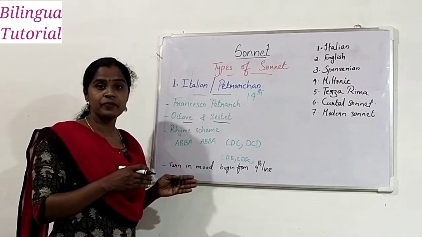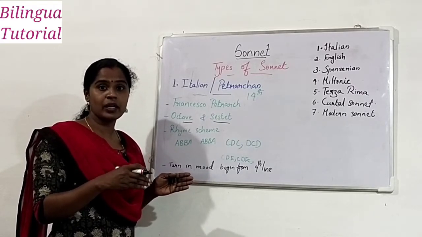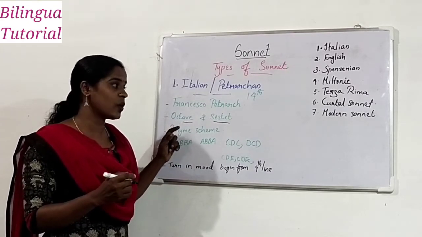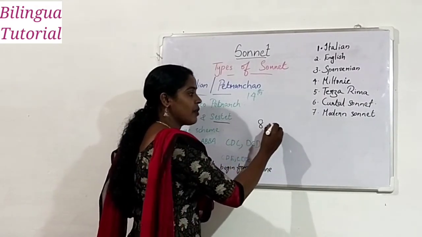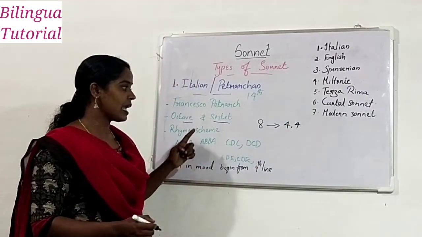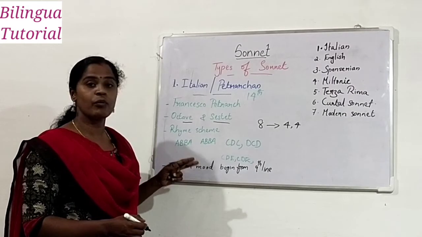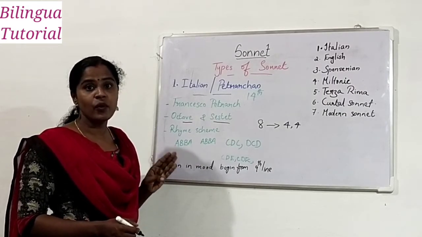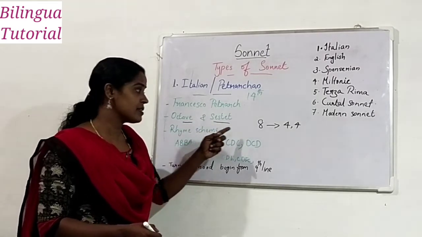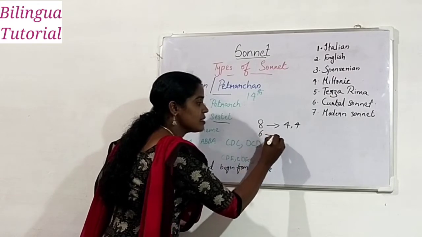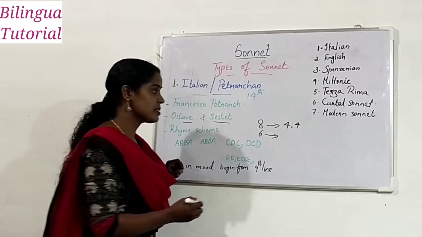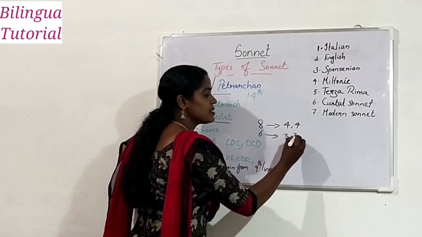The first section, which raises a problem or a question, is named the octave. Octave has 8 lines, written in the form of 2 stanzas of 4 lines each. Then the sestet has 6 lines, also divided into 2 stanzas of 3 lines each.